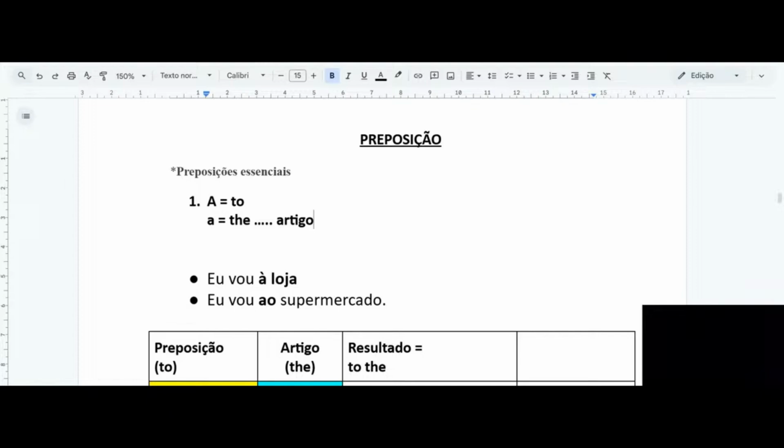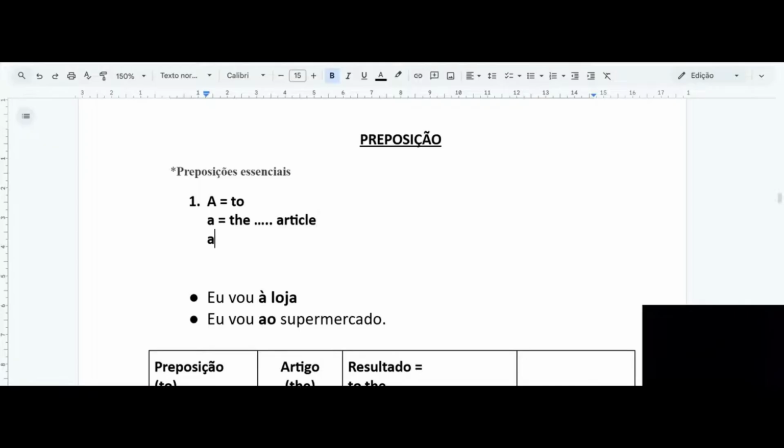When we are doing an article, it means the. I'm explaining this so that you do not get confused when you see another a and it does not mean to. Then the third a can also mean her, as in her mother, her father.